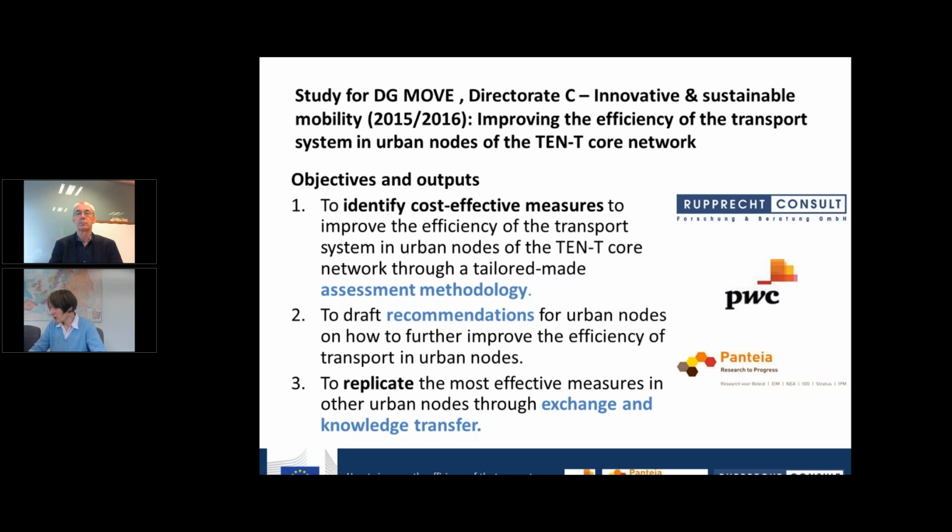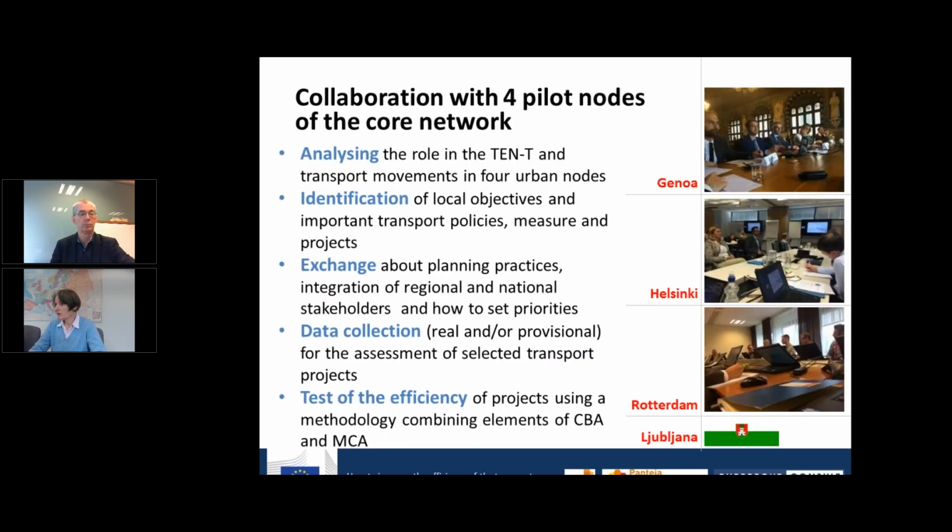We should draft recommendations for urban nodes, but also to EU policy on how to further improve and support the efficiency of transport in urban nodes. And also how to replicate effective and successful measures and projects to other nodes, and how to facilitate exchange and knowledge transfer.